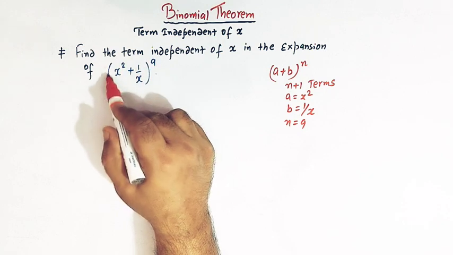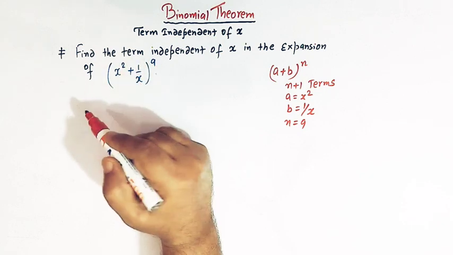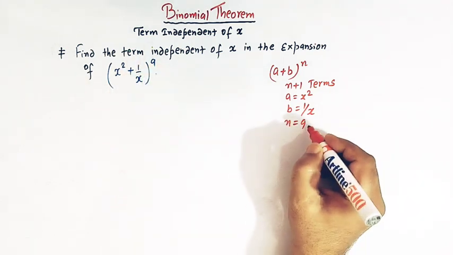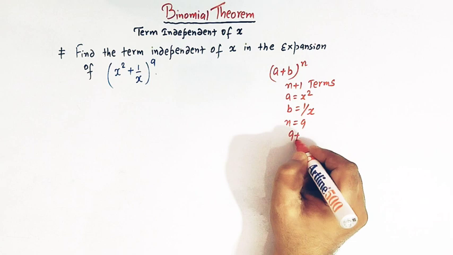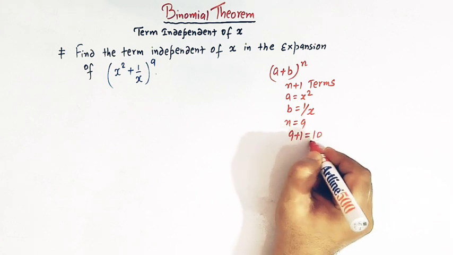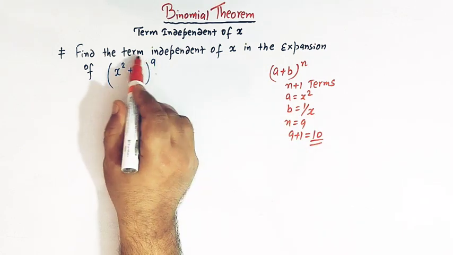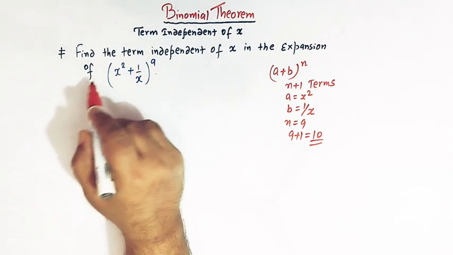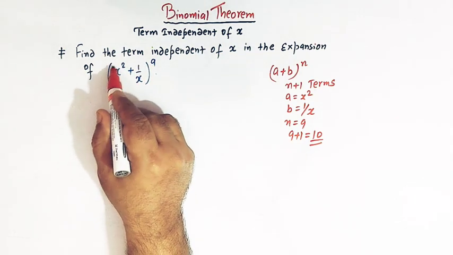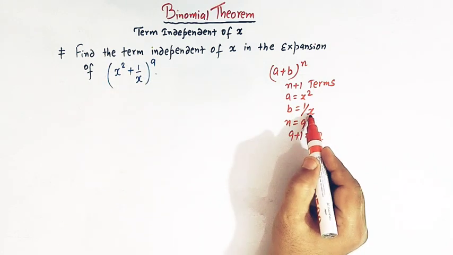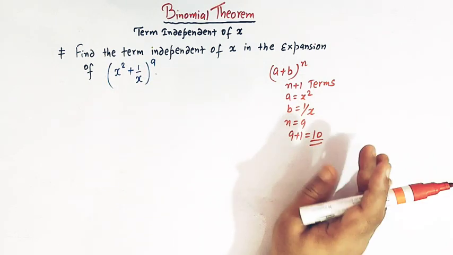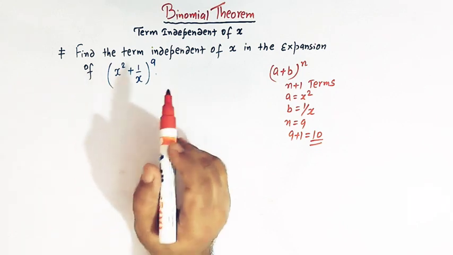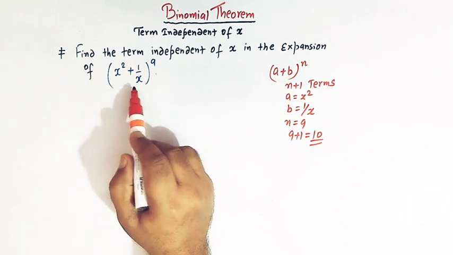When we expand this binomial using the binomial theorem, the total number of terms would be 9 + 1, that is 10. So the expansion of this binomial contains 10 terms. Here a contains x and b also contains x, so we have to find that term which doesn't contain this variable x.